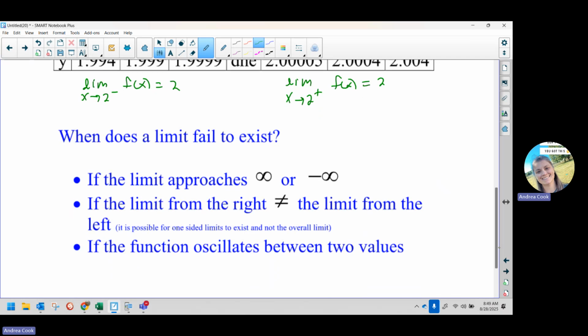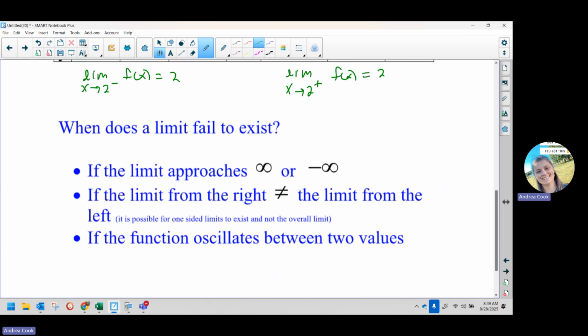All right, when does a limit fail to exist? If a limit approaches infinity or negative infinity, that limit does not exist because there is no cap or there is no floor. If the limit from the right does not equal the limit from the left, that means the limit at that value will not exist.